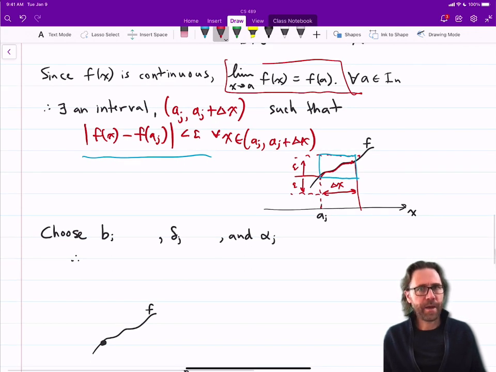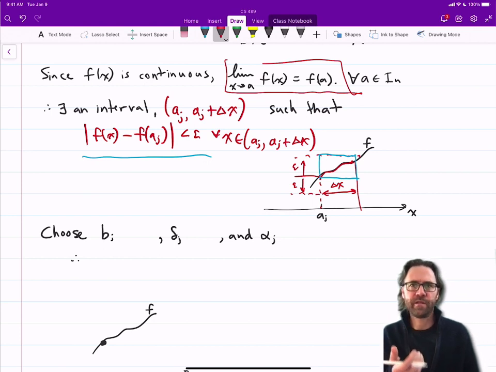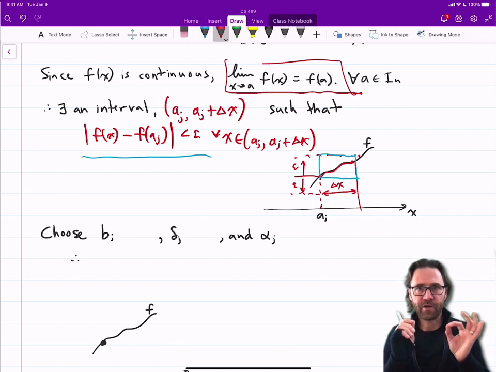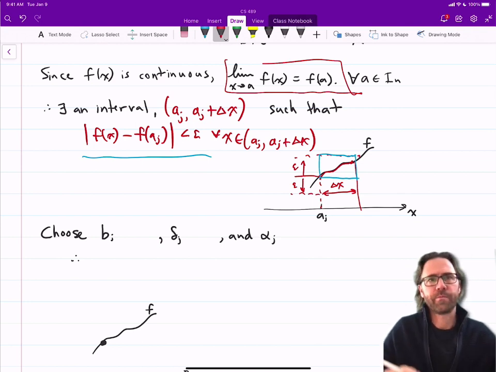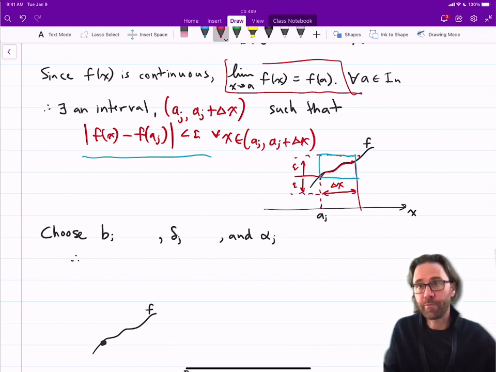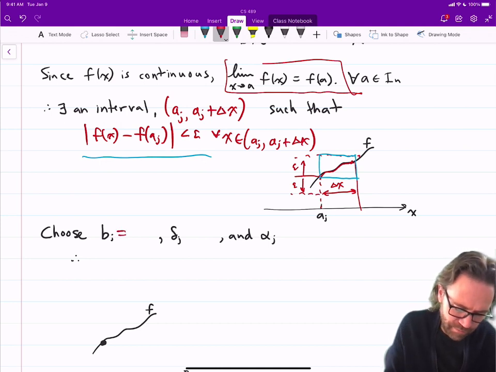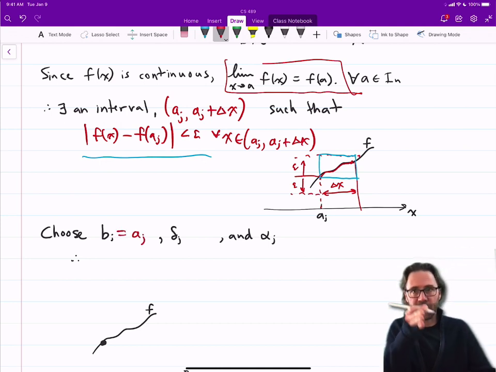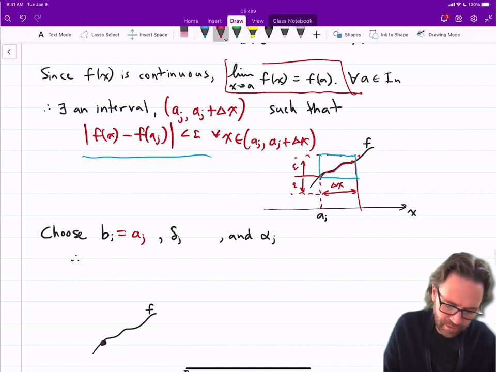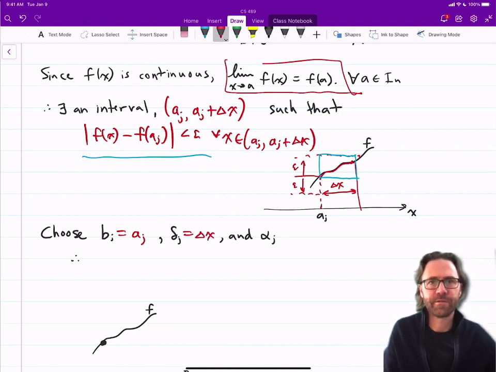So now I'm going to use this fact to construct these pieces that guarantee I never wander further than epsilon away from my target function f of x. I'm going to choose b_j to be just a_j, at the beginning of my little interval. Delta_j is just going to be my delta x.